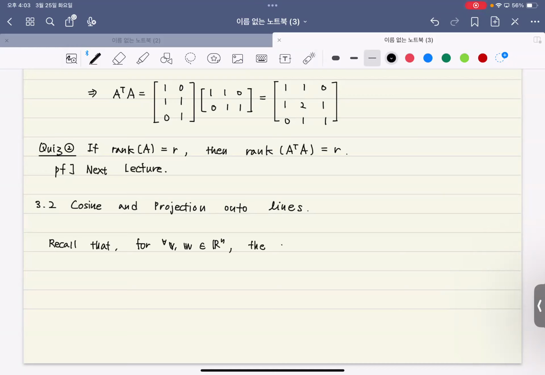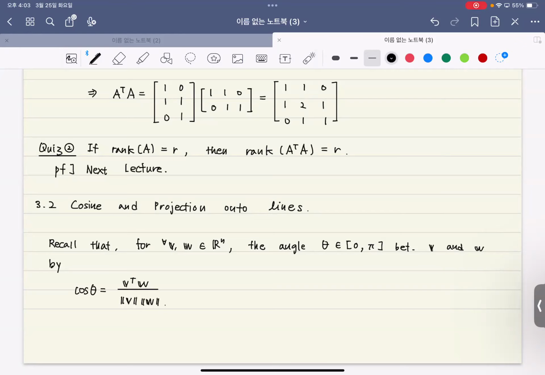For any two vectors, we have defined the angle between these two vectors by this formula, taking the inner product of these two vectors and dividing by the lengths of these vectors.